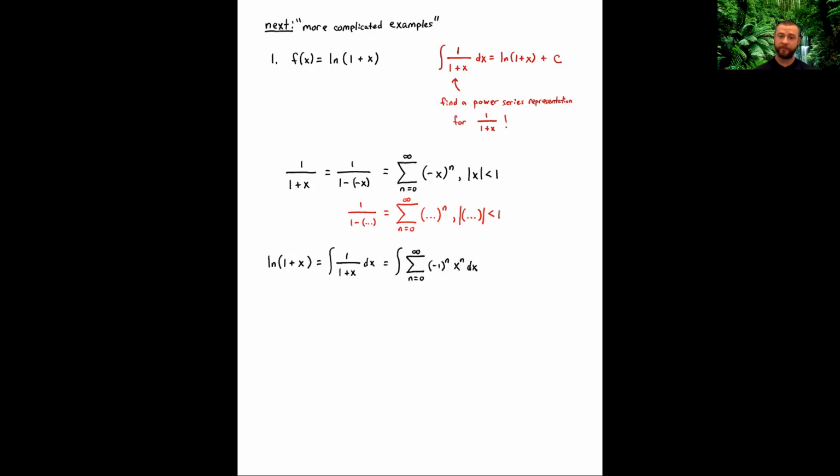So what we do is integrate the power series for 1 divided by 1 plus x. We're going to integrate that term by term. So notice in the integral there, we're replacing that function, 1 divided by 1 plus x, with its power series that we found above.